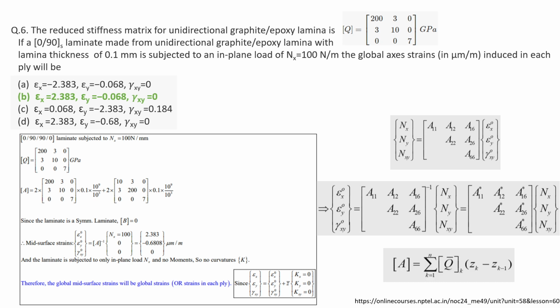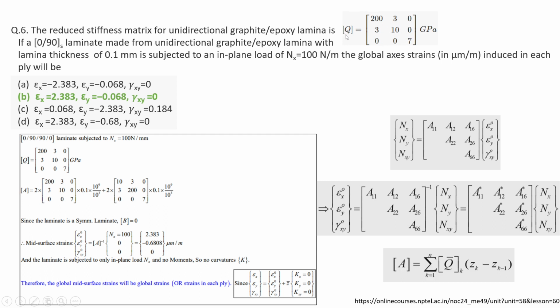For the 90 degree, there are equations with respect to the angle, which show how the reduced stiffness matrix changes for different angles. You can use those equations, or the simplest way to convert 0 degree to 90 degree is that the Q11 and Q22 values interchange.